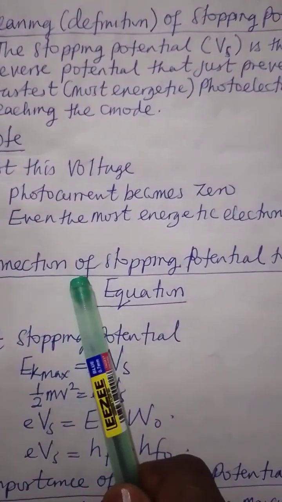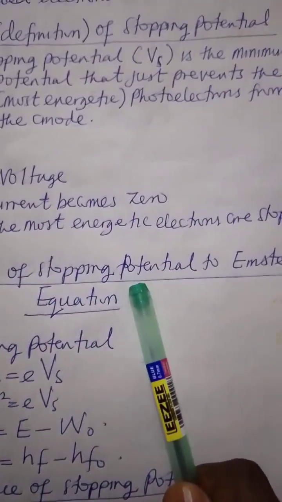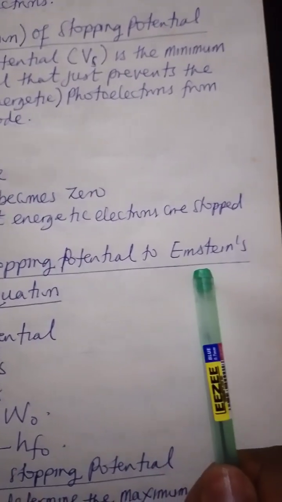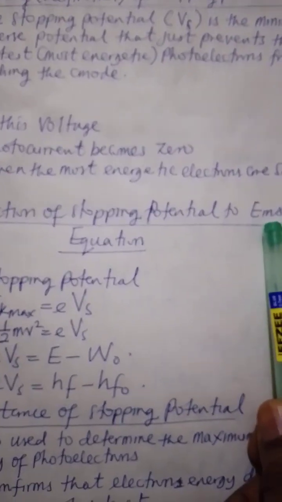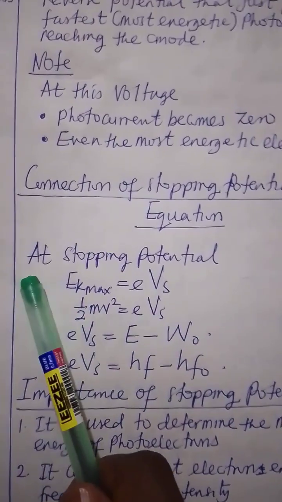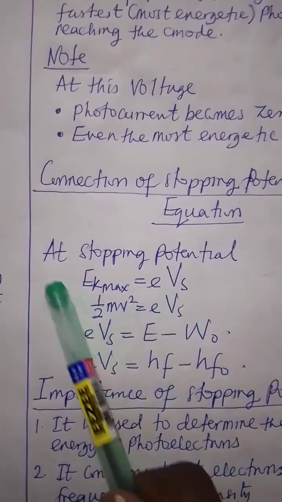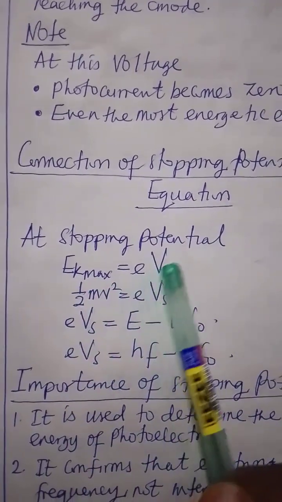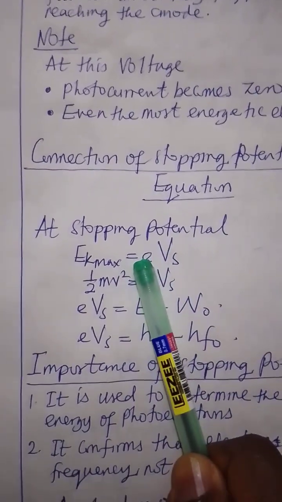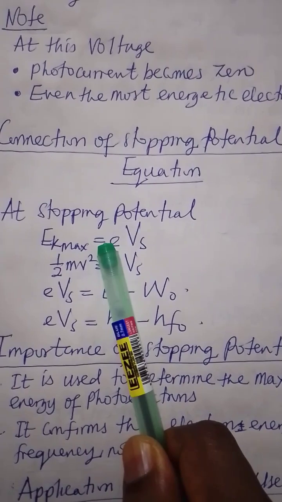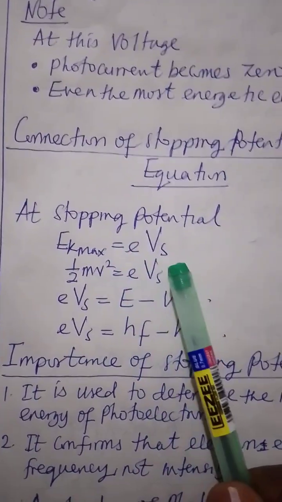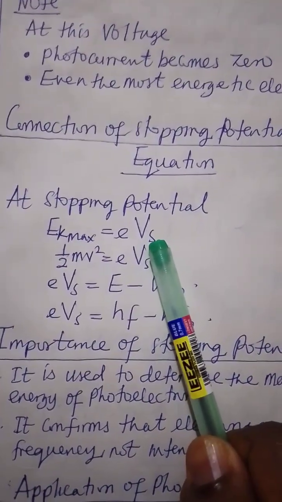What's the connection between stopping potential and Einstein's photoelectric equation? So let's see it. At stopping potential, EK max is eVs. e there is the electron charge. Vs is the stopping potential.